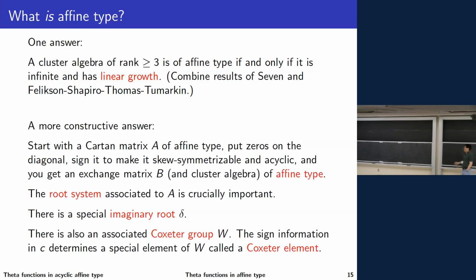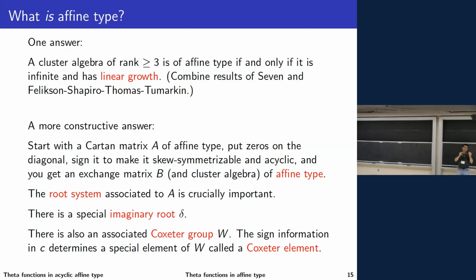But a more constructive answer, and also where root systems come in: if I start with a Cartan matrix of affine type, and I put zeros on the diagonal instead of 2s, and then I change the signs off the diagonal, so that I get a skew-symmetrizable matrix instead of a symmetrizable matrix, or maybe you just do symmetric and skew-symmetric if that's more comfortable.